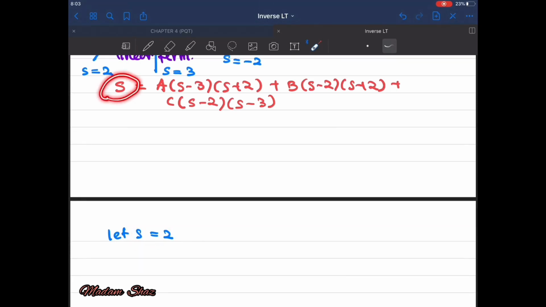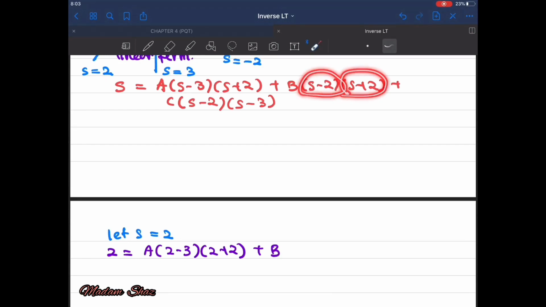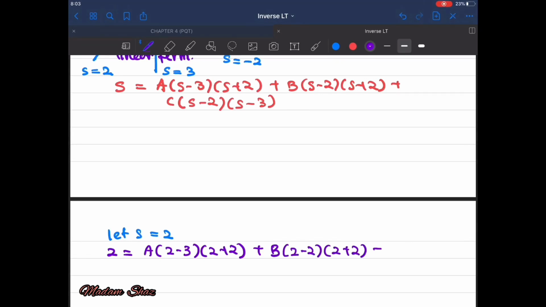On the left hand side, s will become 2. A multiplied with (s − 3)(s + 2), so A multiplied with (2 − 3)(2 + 2), plus B(s − 2)(s + 2), so this one will become (2 − 2)(2 + 2), plus C multiplied with (s − 2)(s − 3), (2 − 2)(2 − 3).